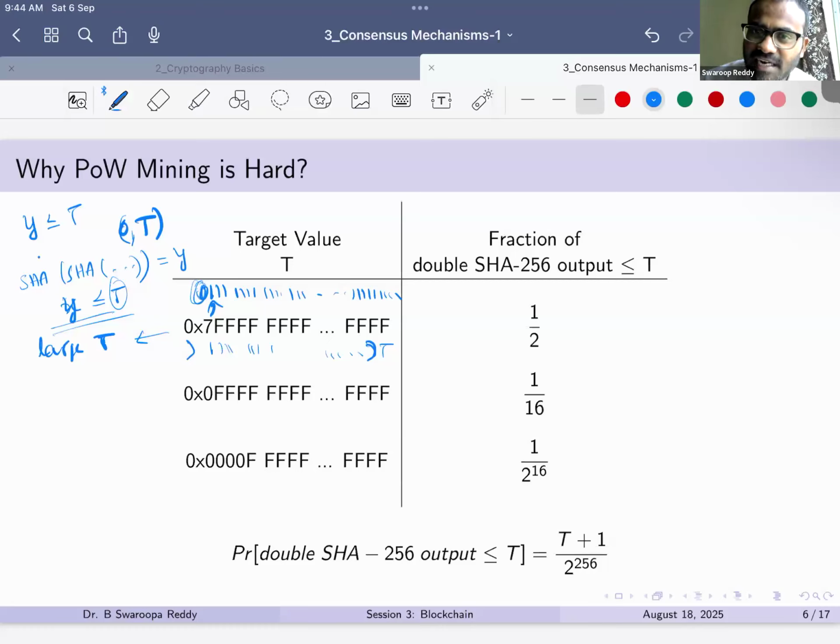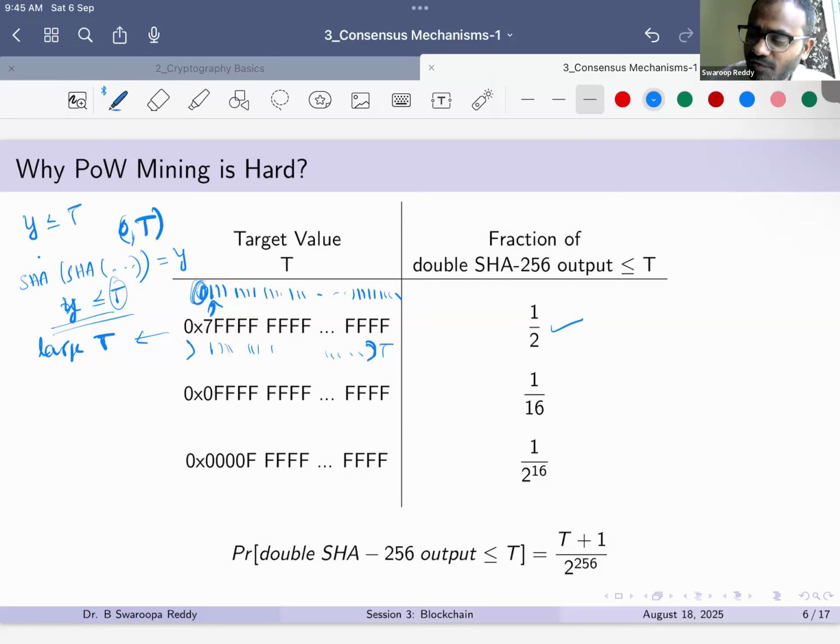So if you toss that coin and get the all ones value, you will lose the game. So the probability of losing the game is only half, and the probability of the value y being less than t is 1 minus 1 half. That's why if there is only one 0 at the beginning, 1 by 2 is the probability of succeeding in this game.